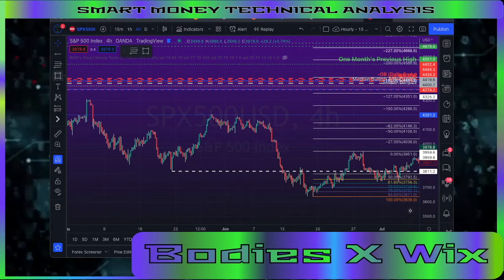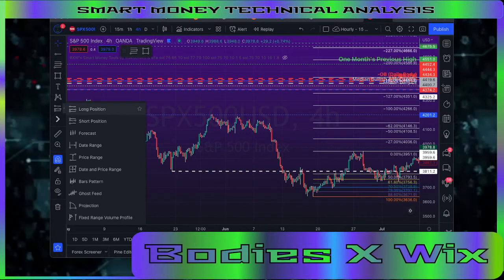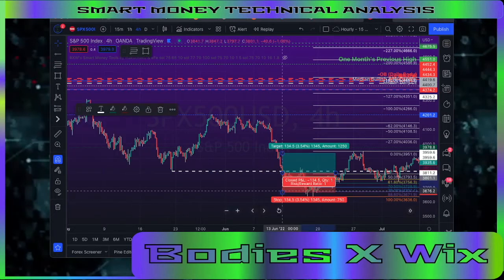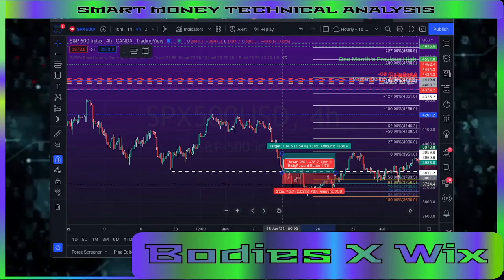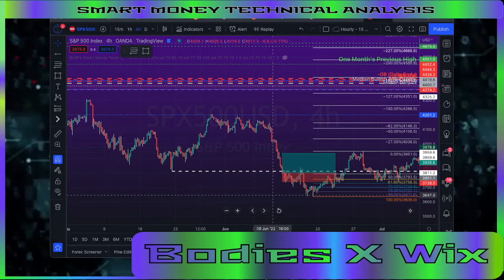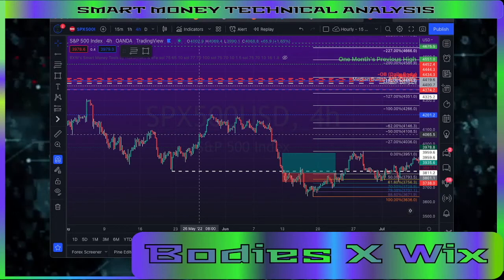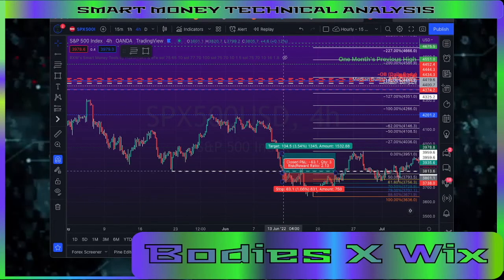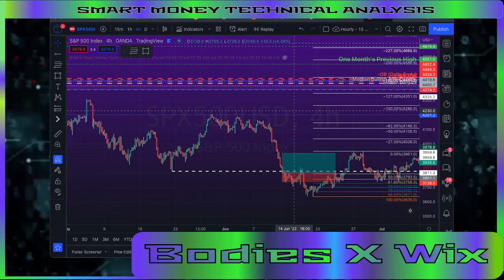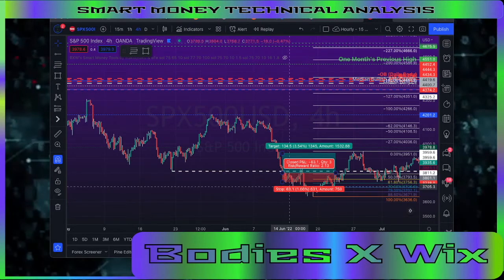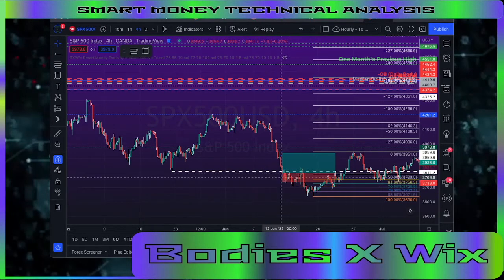A long position here. This is exactly what people would be thinking. All right, well, it's going to come down here. It's probably going to hit this, and then run back up. I can probably have a short stop loss. I'll be saved. Of course, nope.